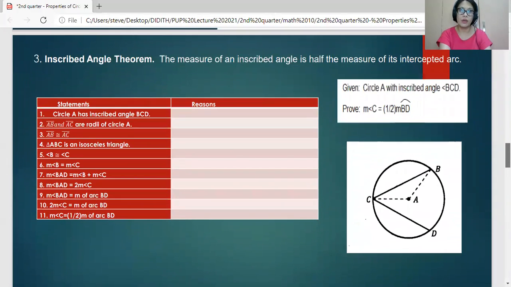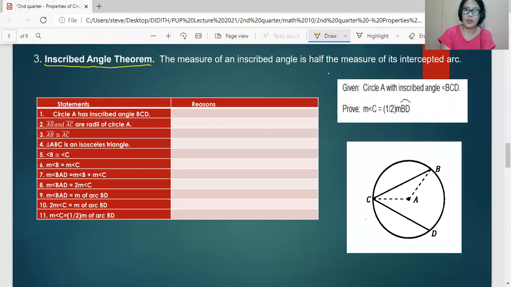Now here, we have the inscribed angle theorem. We define an inscribed angle: an inscribed angle has its vertex on the circle. The inscribed angle theorem says that the measure of an inscribed angle is half the measure of its intercepted arc.